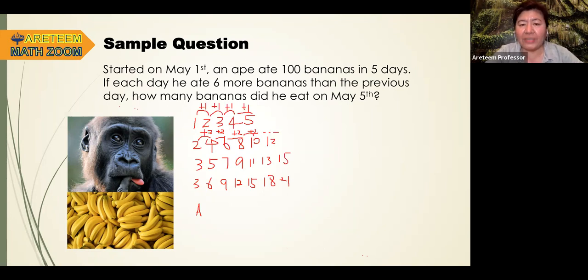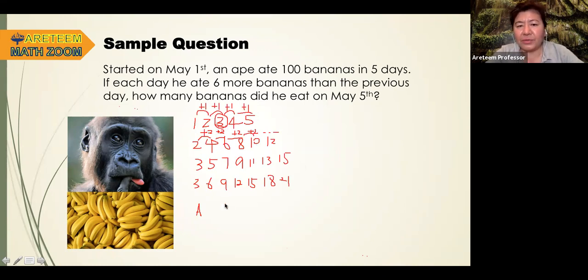So what is the average for that sequence? The sum is 15, the total number of terms is 5, so 15 divided by 5 is 3. That's right. The first one, the average is 3.